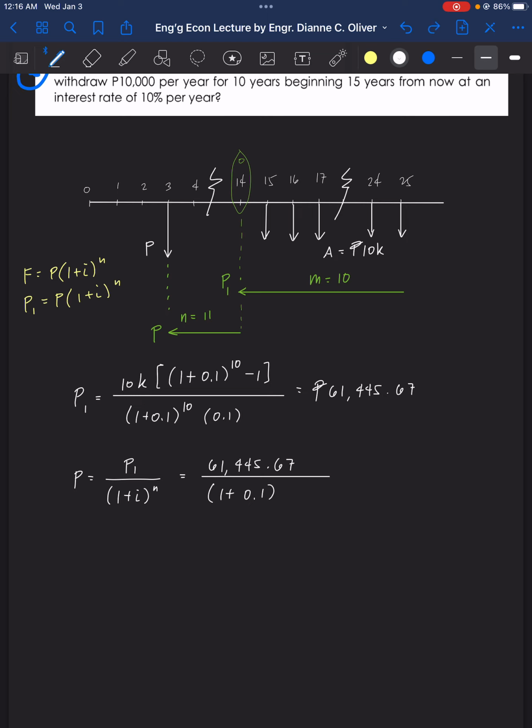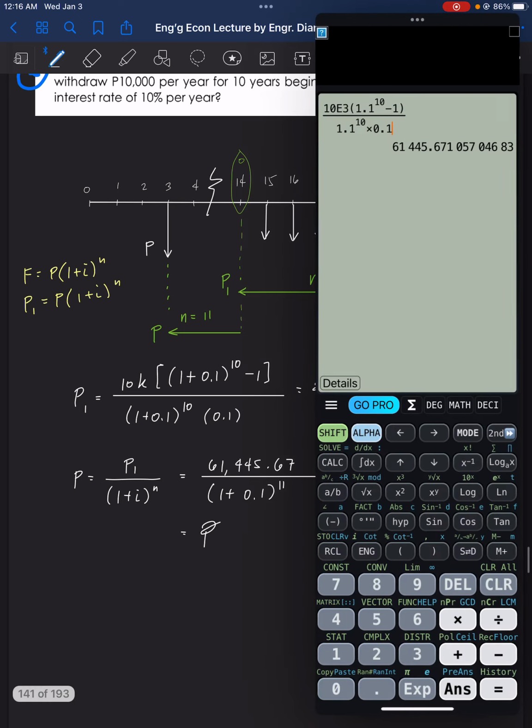We have there 11. So P is equal to 61,445.67 over 1.1 raised to 11.